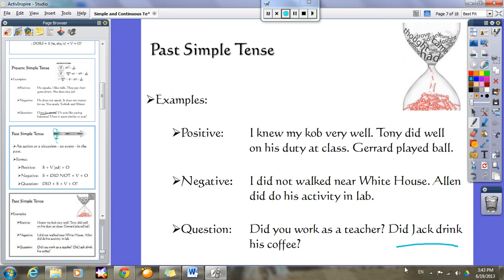First, I finished my work, then walked on the beach, and finally I found a nice place for swimming. Did you add the flour, pour in the milk, and then add the egg? There are three actions that I did in the past.